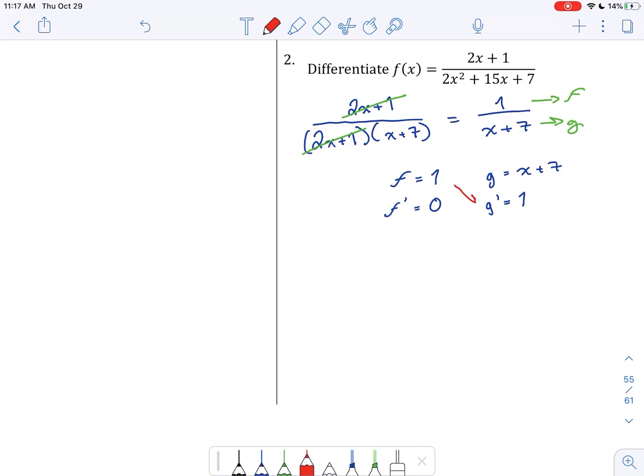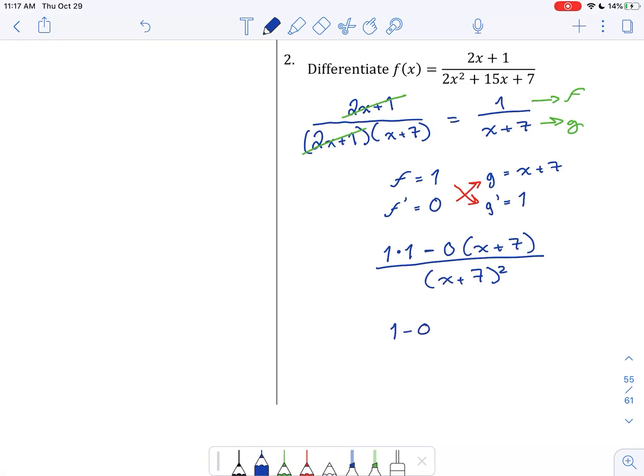Now when we plug that in, we've got this lovely first term. The derivative then is 1 times 1 minus, from the formula, 0 times g, so 0 times x plus 7 all over g squared, x plus 7 squared.